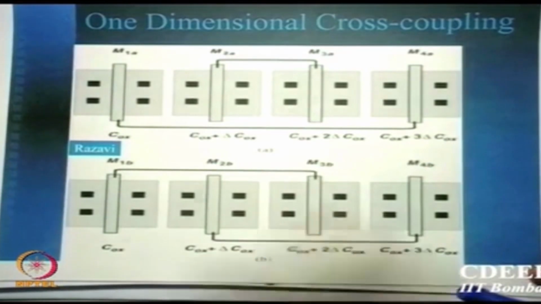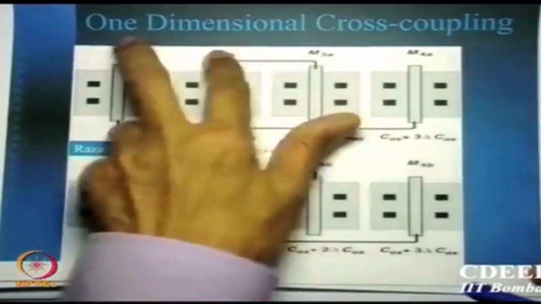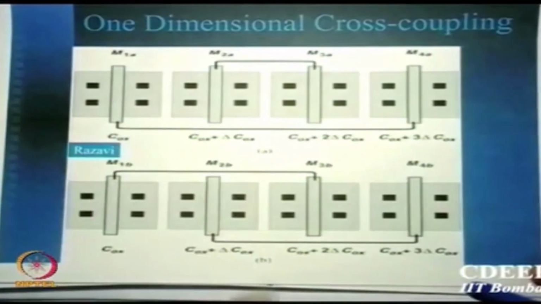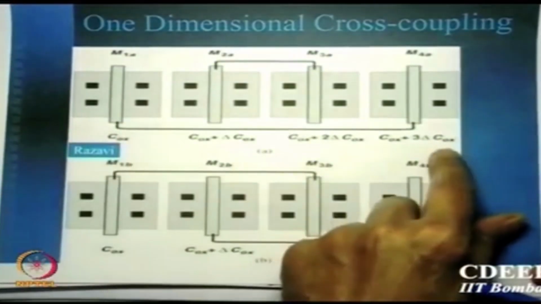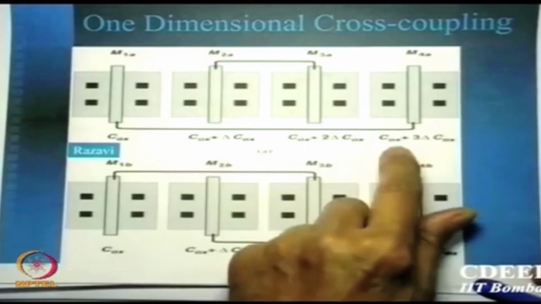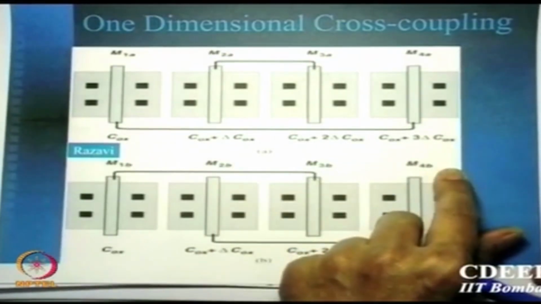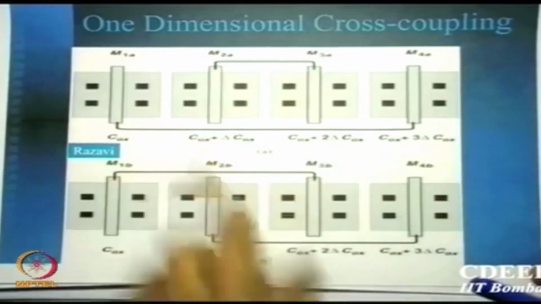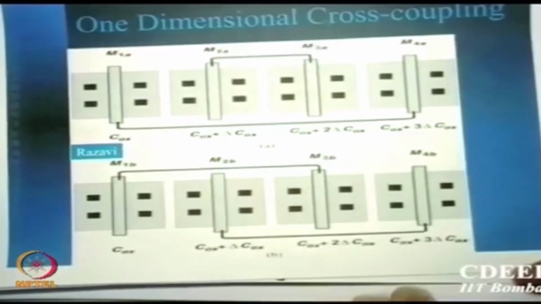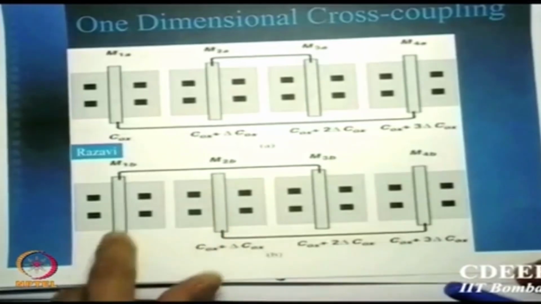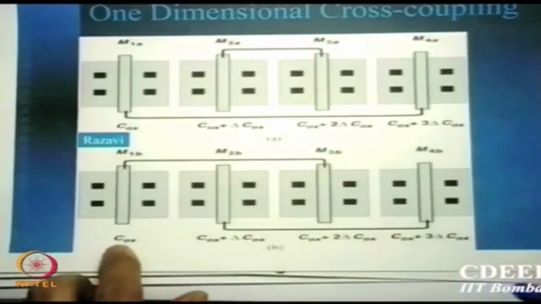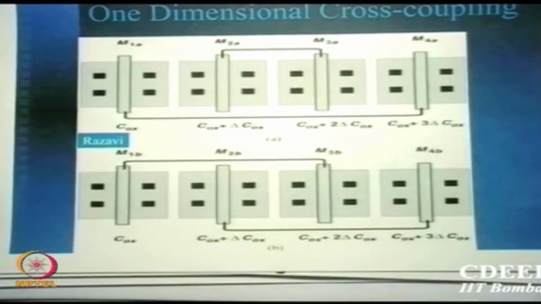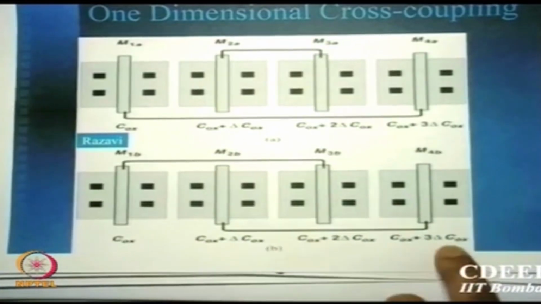So one possible technique is you connect these two and you connect these two. So what is the capacitance you are going to get? Here 2 Cox plus 3 delta Cox, here 2 Cox plus 3 delta Cox. You do it this way, you connect this and this, then 2 Cox plus 2 delta Cox there, 2 Cox plus this. So essentially, of course, this becomes 4.